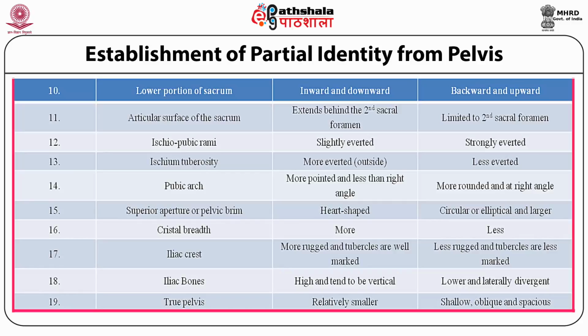Iliac bones are high and tend to be vertical in males, and lower and laterally divergent in females. Last, the true pelvis is relatively smaller in males, and it is shallow, oblique and spacious in case of females.